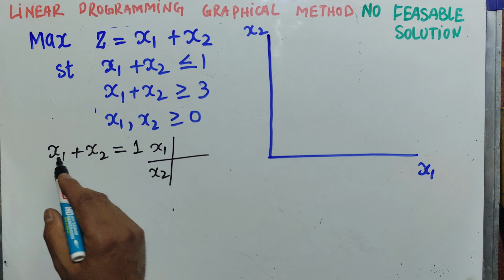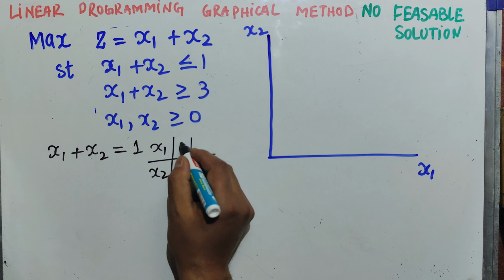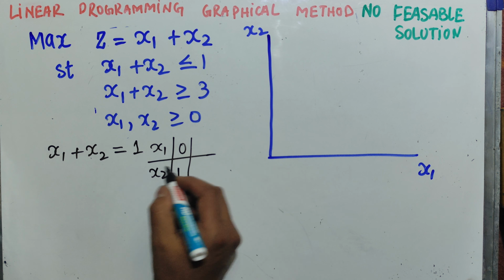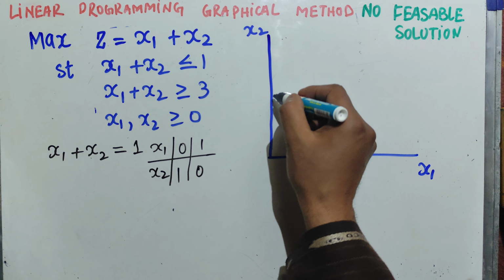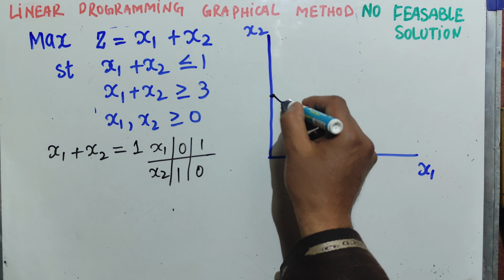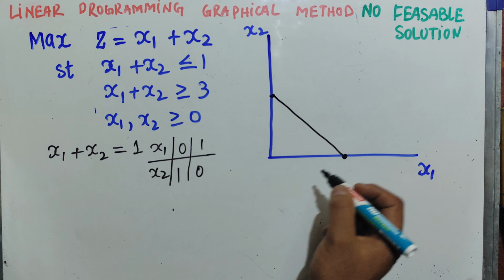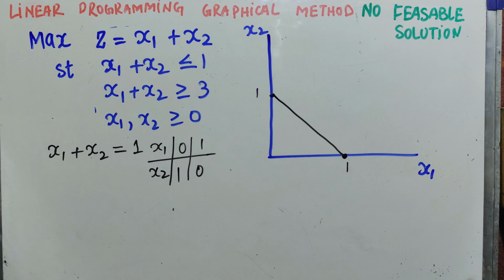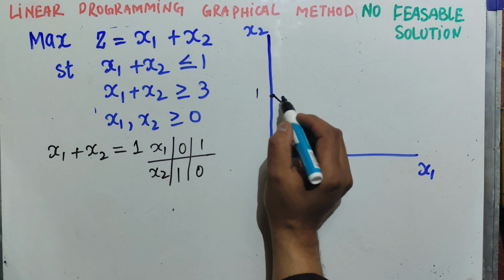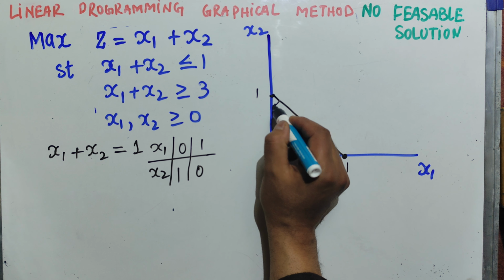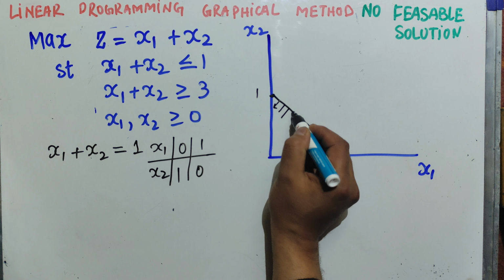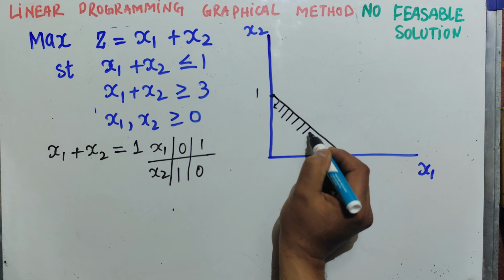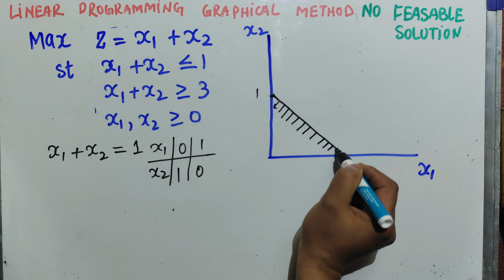When x1 is equal to 0, x2 will be 1, and when x2 is equal to 0, x1 will be 1. So let us say this point is 1, this point is also 1, so we will get this region. Since we have less or equal to sign, that means we need to shade the below area. Okay, so this is one constraint.